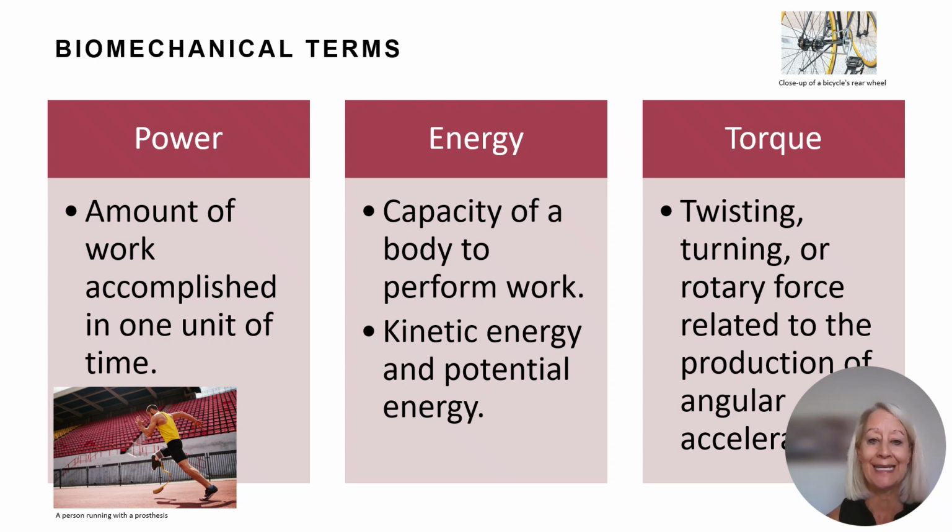There's kinetic energy, which is the energy of motion, like a running athlete, and potential energy, which is stored energy. It's like a stretched muscle that's ready to contract. In fact, when you're getting ready to do a vertical jump, you'll do a countermovement. You'll lower your body's center of gravity in order to utilize that stored energy.